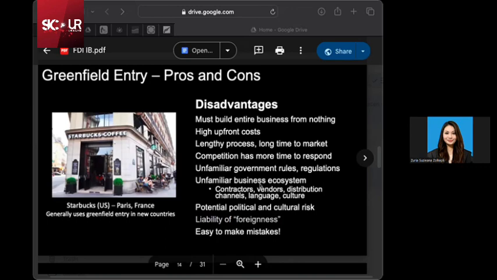And then it is suitable, okay, for FDI is suitable for a large company where they have a very strong base in their home country, very large, deep pocket, right? And also they have experience in international business, international market. So this is a good entry because the higher the risk, the higher the return, right? Okay.